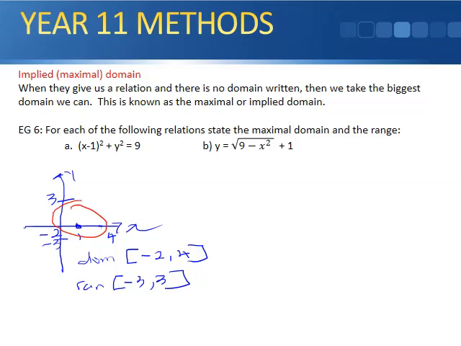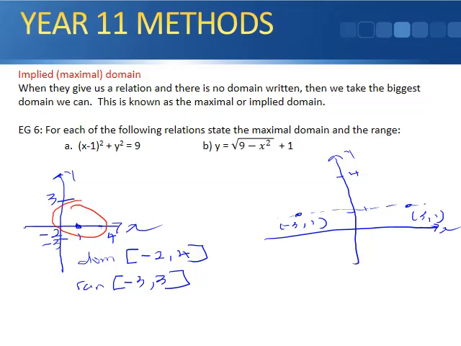And this one here, this is a semicircle, so it's the positive part, so it's above. It's been shifted up 1, so that's where it is. Okay, it doesn't start on the y-axis, it starts there. It will start at -3, 1 there. It will end at 3, 1 here, and it will go up to 4 there. So there's my y and my x.